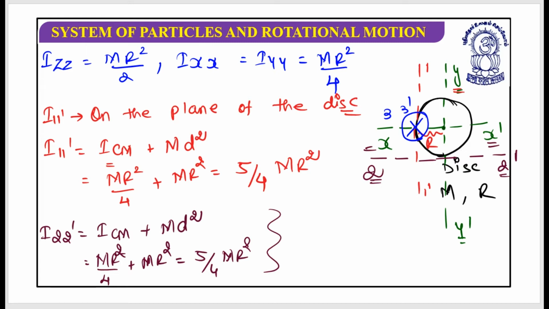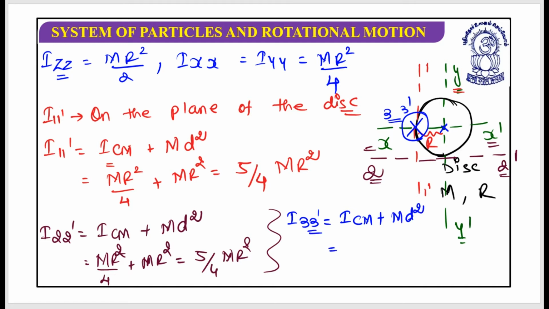And when it is perpendicular to the disk, what I need to write is, this 3 dash must be parallel to the IZZ. So I33 dash should be equal to I center of mass plus m into d square.